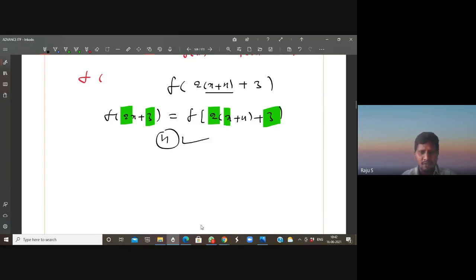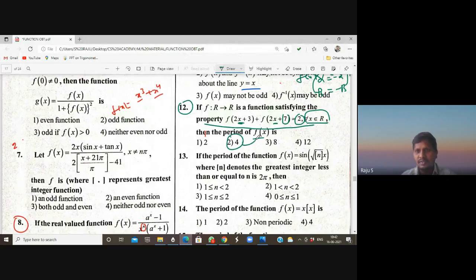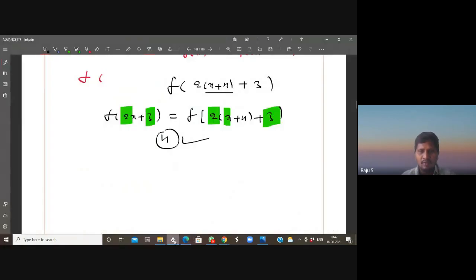This is the minimum value. Second option is correct. 3 should repeat. Finally, we found that f of x is a function that will be repeating. 3 is common, 2 is common, x is common, just for 4. Every multiple also works. So 4 is the answer.